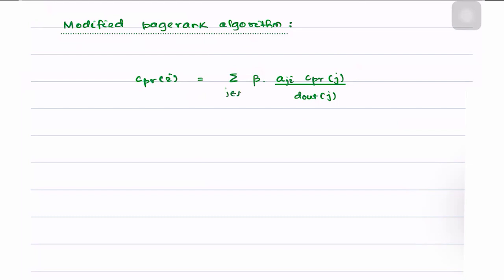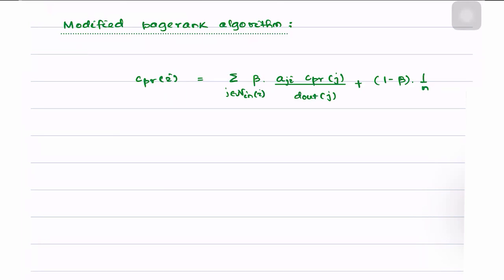And the summation is over all of the in neighbors of I. We have now a second term, which is equal to 1 minus beta times 1 by n. So what exactly is this term?